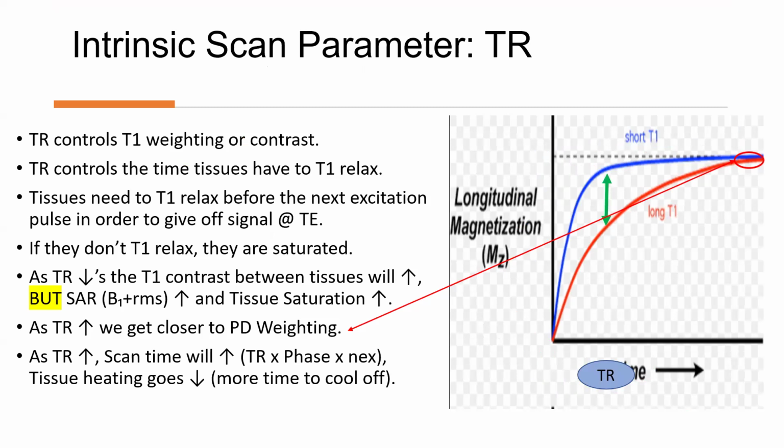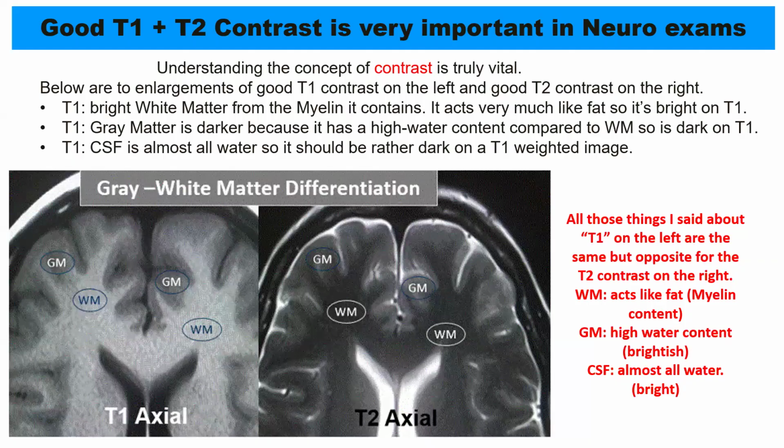I'm going to go back a couple of slides here. Bear with me. Here's a short TR and short TE sequence. Why is the gray matter dark and why is the CSF dark? This is a short TR and a short TE. The reason they're dark is because they're basically saturated. We used a TR that was shorter than the T1 relaxation time of both these tissues, so they're dark.